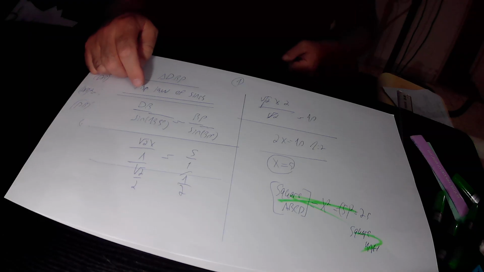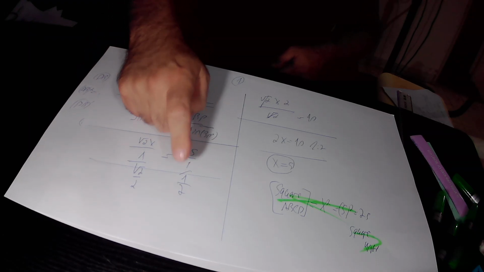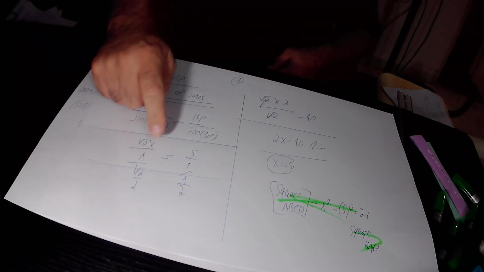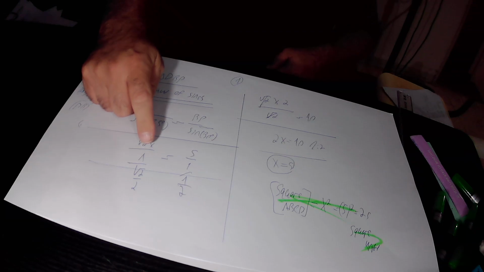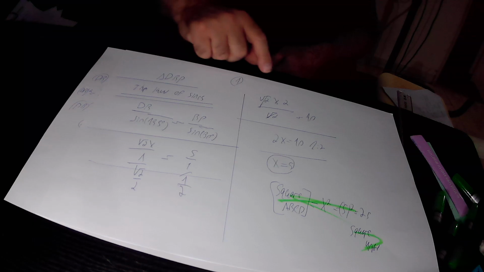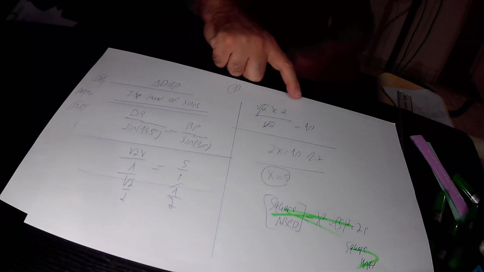So in total, we find that square root of 2 times x over square root of 2 over 2 equals 5 over 1 half. 5 over 1 half is 10. Here we move 2 to the numerator and square root of 2 to the denominator. So the expression equals square root of 2 times x times 2 over square root of 2 equals 10.